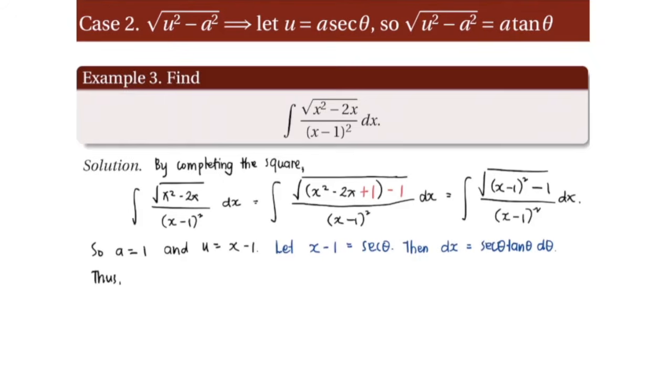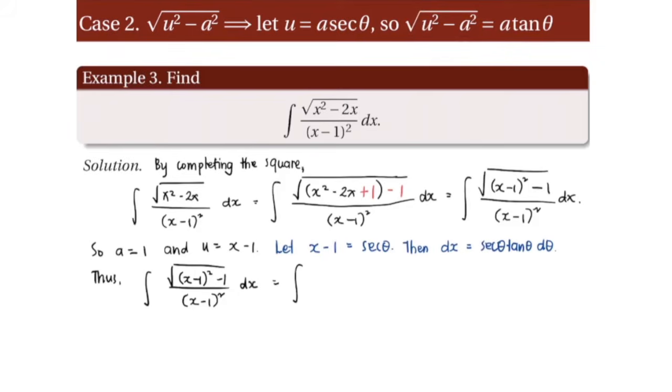The integral now of the square root of (x − 1)² − 1 all over (x − 1)² dx is now equal to the integral of, again, when it is u² − a² and you replace u by a secant theta, the square root of u² − a² would be replaced now by a multiplied by tangent theta.